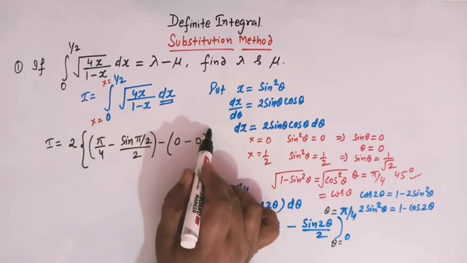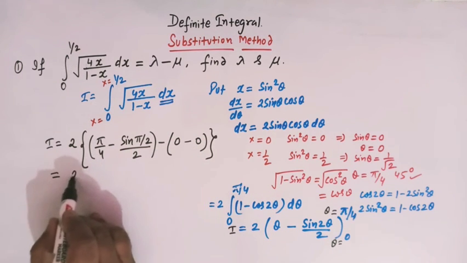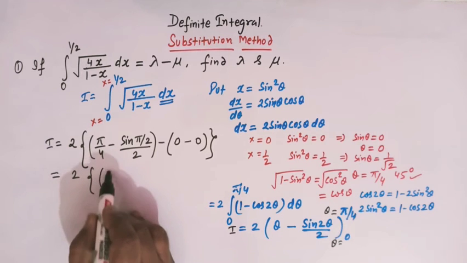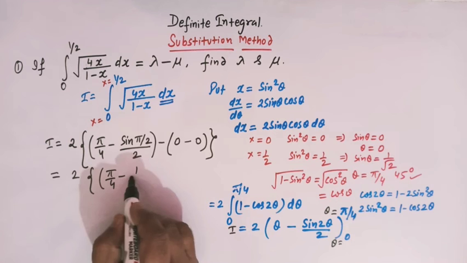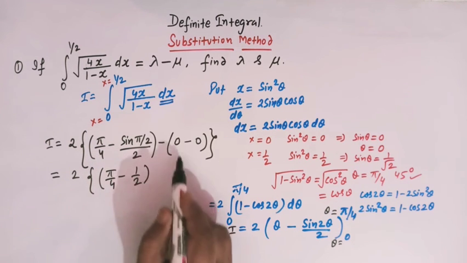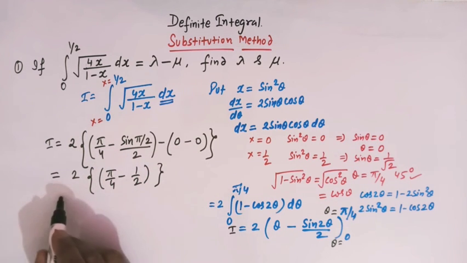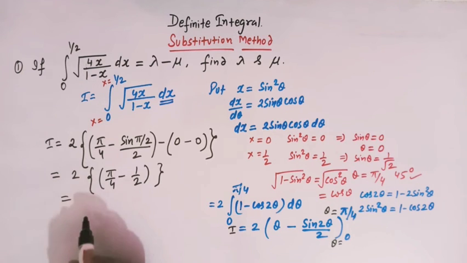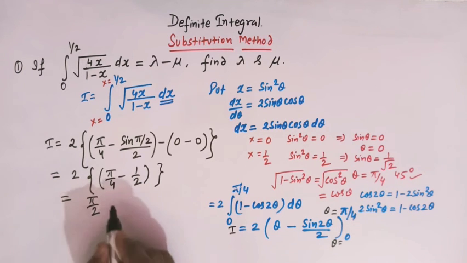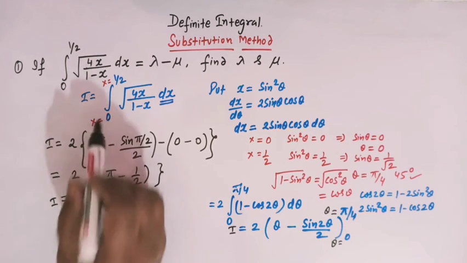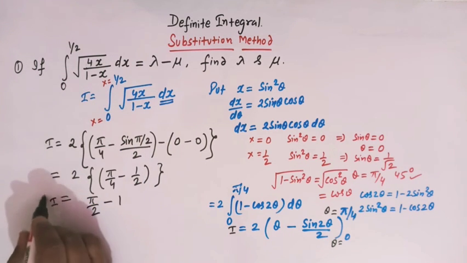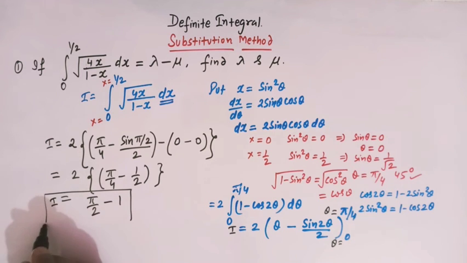Now pi by 4 minus sine pi by 2, which is 1, over 2, and multiplying by 2 we get pi by 2 minus 1. So the value of this integral is equal to pi by 2 minus 1.